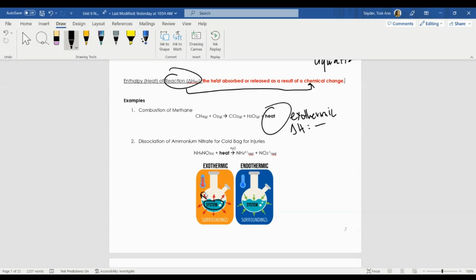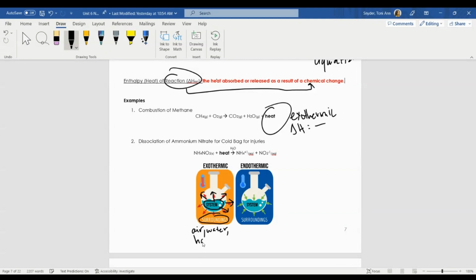And we'll see that the arrows are going out in this case. This means that your reaction is giving energy to the surroundings. And the surroundings could be whatever's around it. A lot of times it's air. So we can write air here. This could be water if we're doing calorimetry.